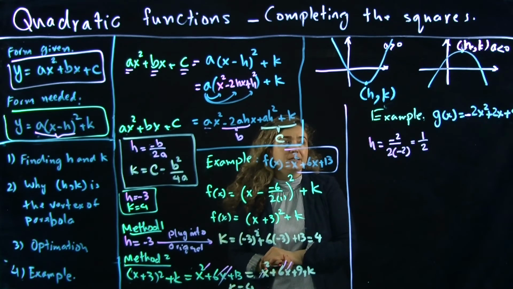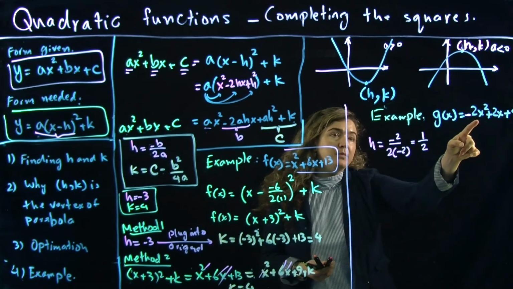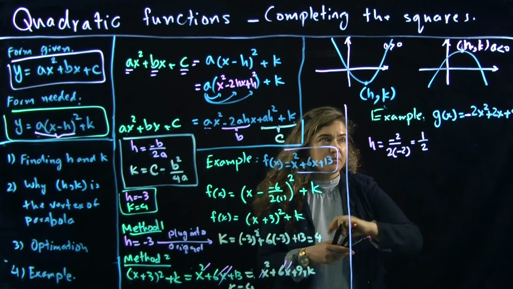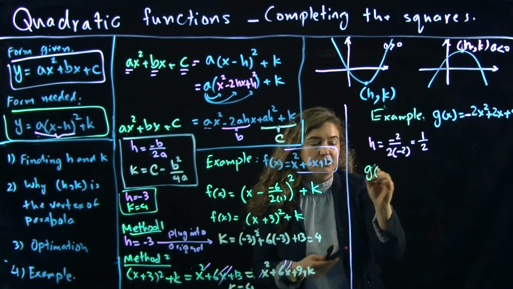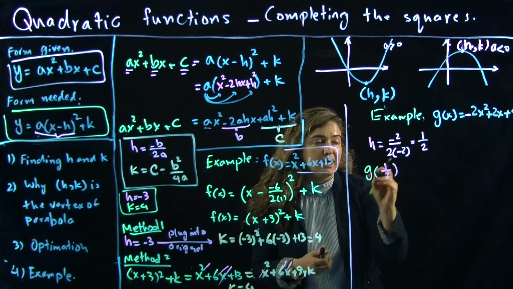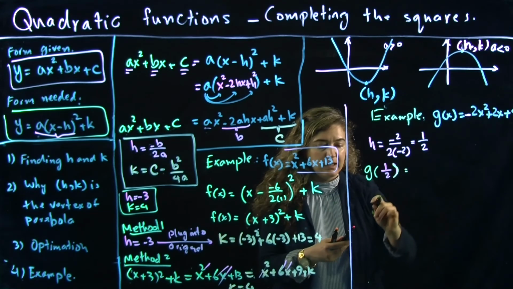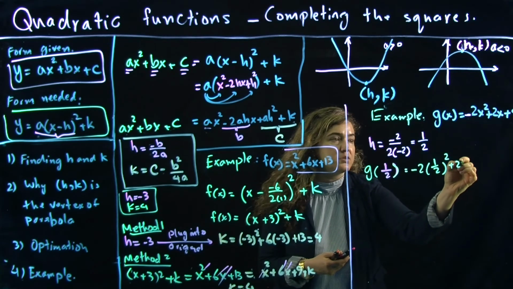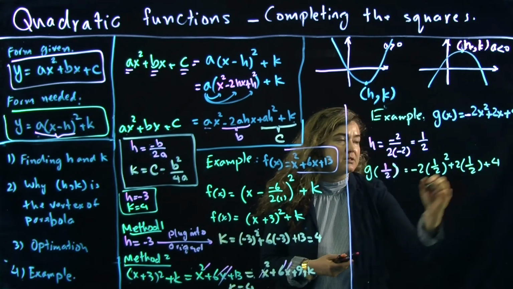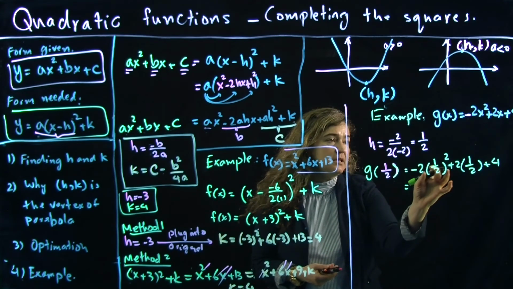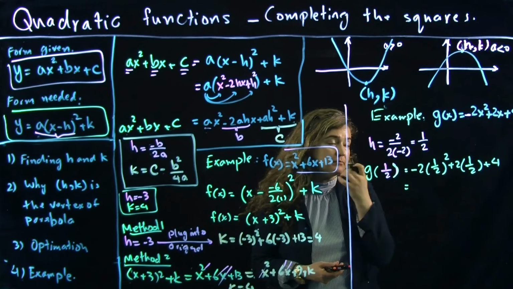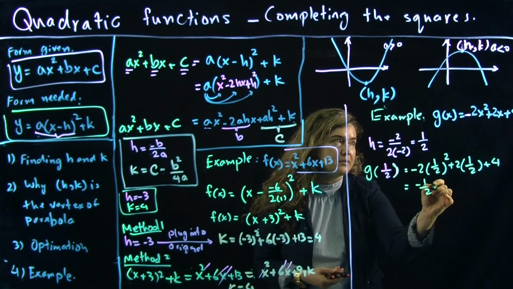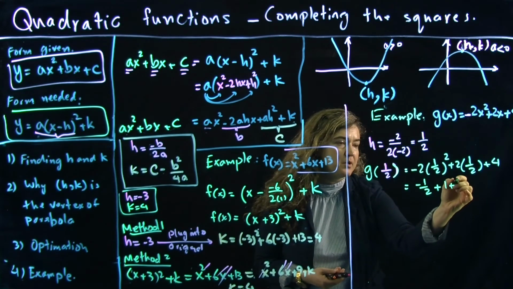Now, how do I find k? To find k, method 1 is just to plug in 1/2 into here. And so I plug in g of 1/2, and I get negative 2 (1/2) to power 2 plus 2 times 1/2 plus 4. And this gives me negative 2 times 1/4, which is negative 1/2, plus 1 plus 4.